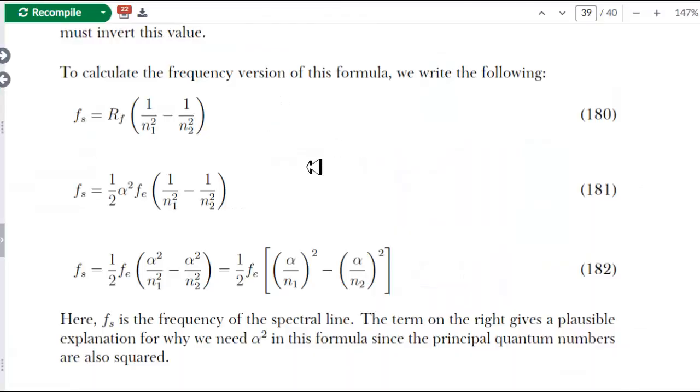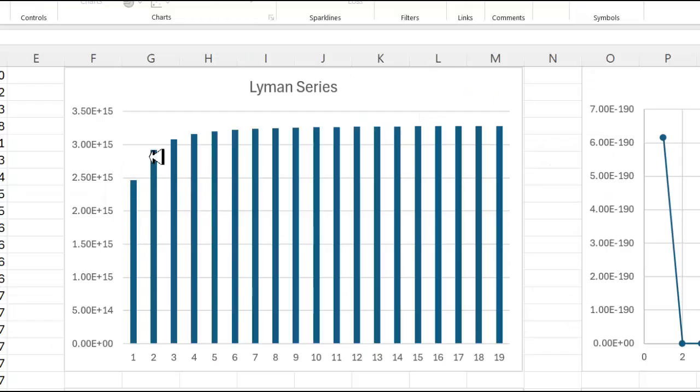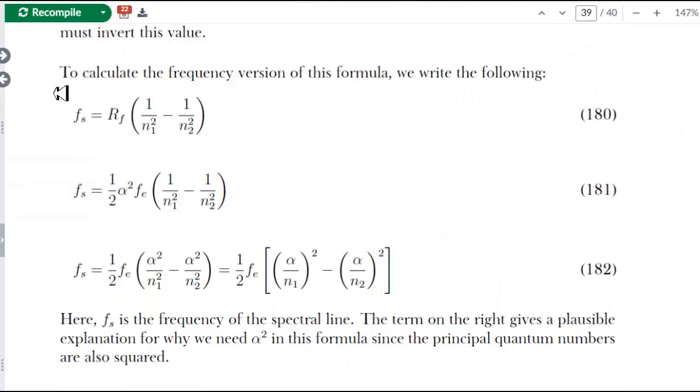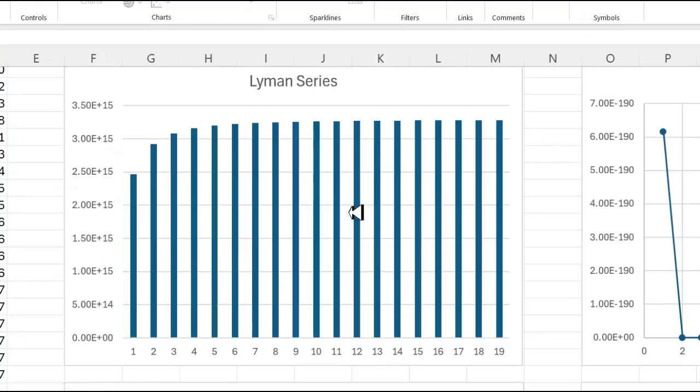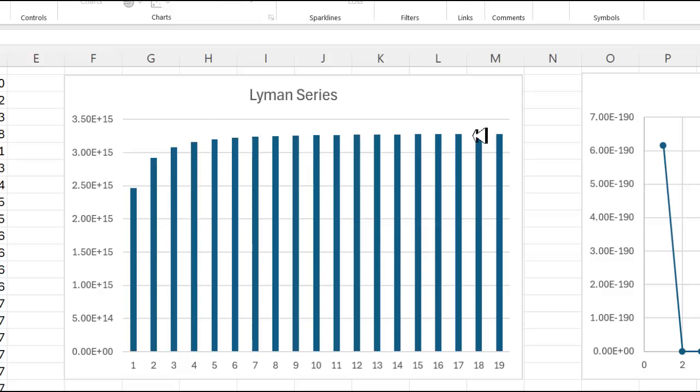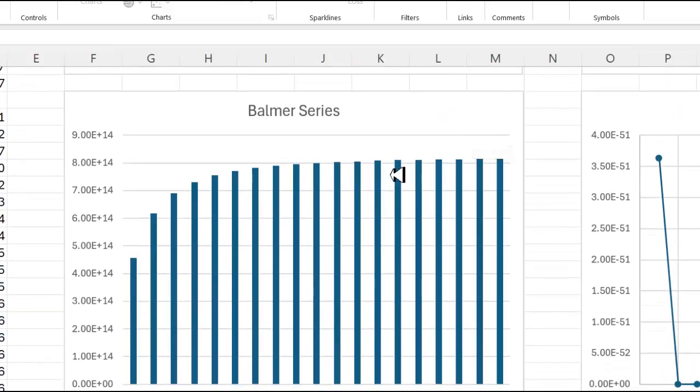Each time you increase the second principal number to the next energy level, you get a new frequency, and you can see that this frequency is approaching a certain value. If you did this an infinite number of times, you would end up with a very specific value. The Lyman series looks like this. The Balmer series looks very similar.